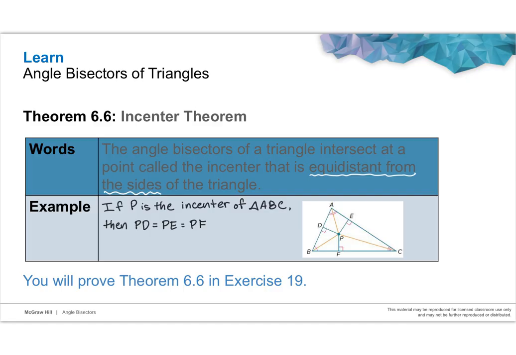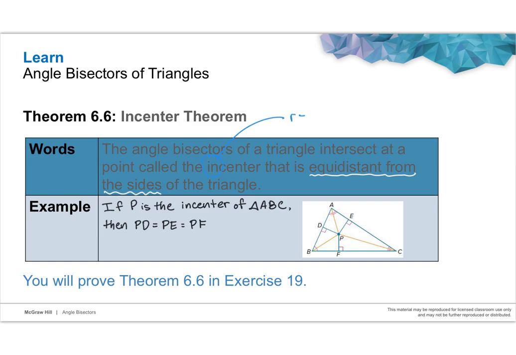So remember this center we said was related to a circle, whereas the circumcenter is the circle that is around the triangle. Hopefully it makes sense that our incenter is going to be equidistant.